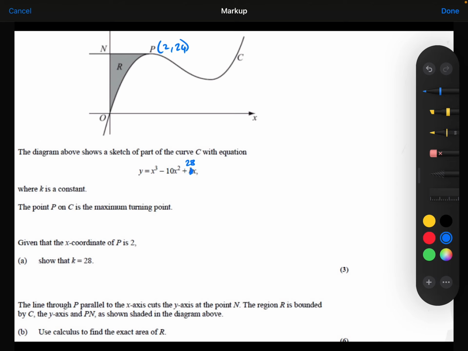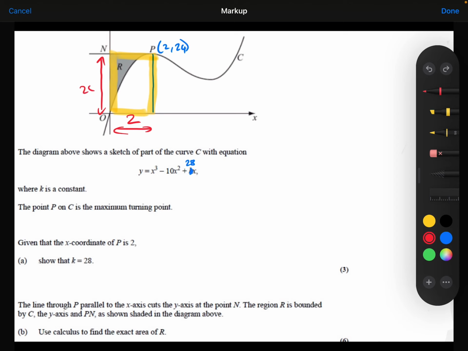Now, that's going to be useful because now I could work out the area of this yellow rectangle. The base of the rectangle is just 2. The height of the rectangle is going to be 24.